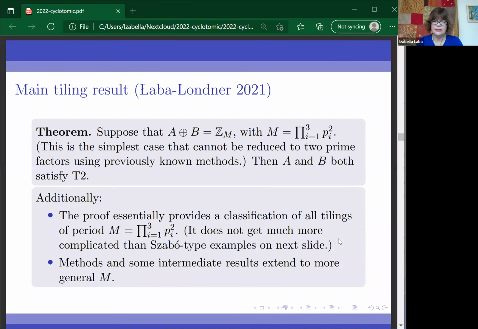Additionally, we have what's basically a classification of all tilings of that period. It does not get much more complicated than examples due to Szabó. And I'm gonna show how that works in a moment. And also the methods and some of the intermediate results extend to more general cases.